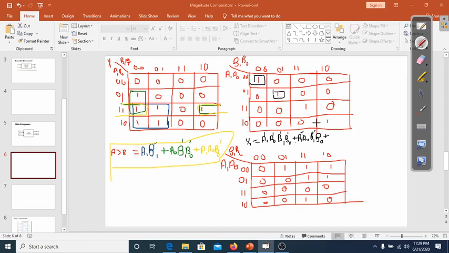Now for the third term, which is equal to A1, A naught, B1 and B naught, and the final term is equal to A1 A naught prime B1 B naught prime.